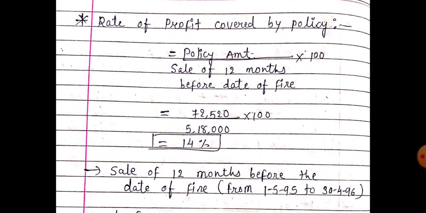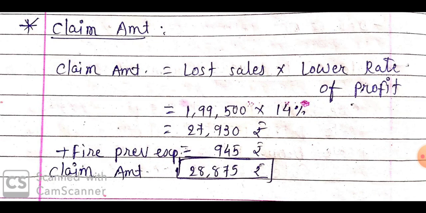Now we have two rates of profit. First is the actual rate of profit and second one is the rate of profit covered by policy. So our last calculation is the claim amount. Claim amount formula: lost sales into lower rate of profit.